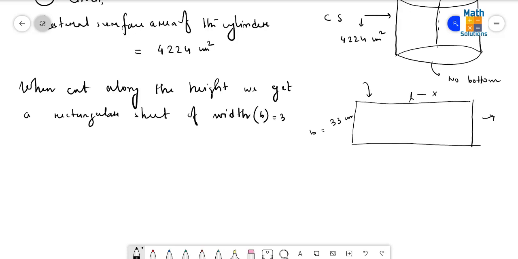Breadth equals to 33 centimeters. So according to question, what can we write here?